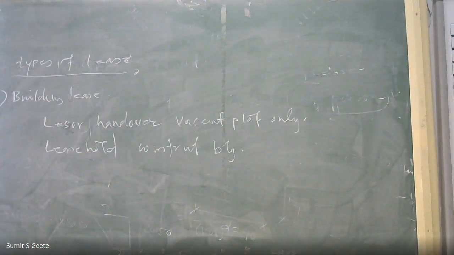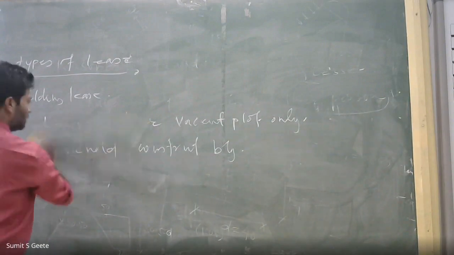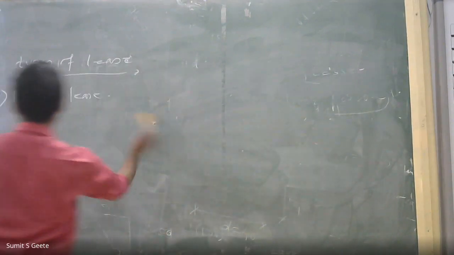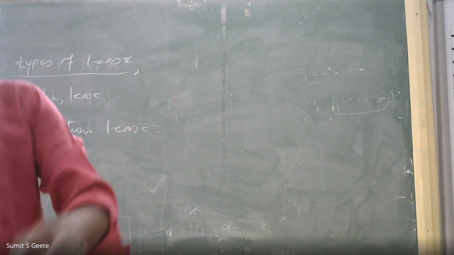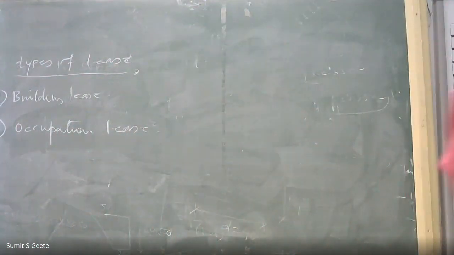Second one is occupation lease. Now in this case, you hand over land plus building to the leaseholder.